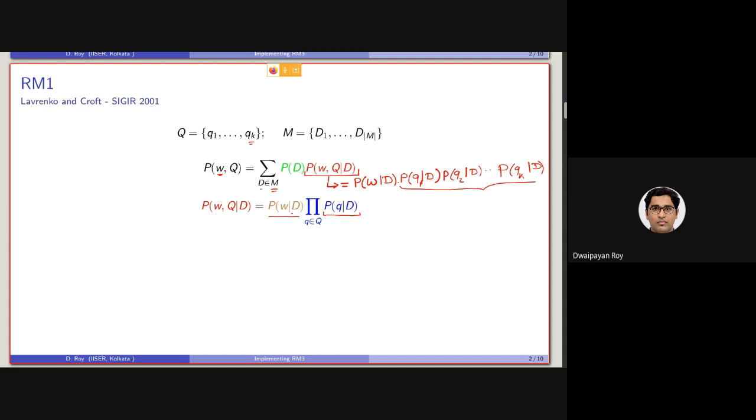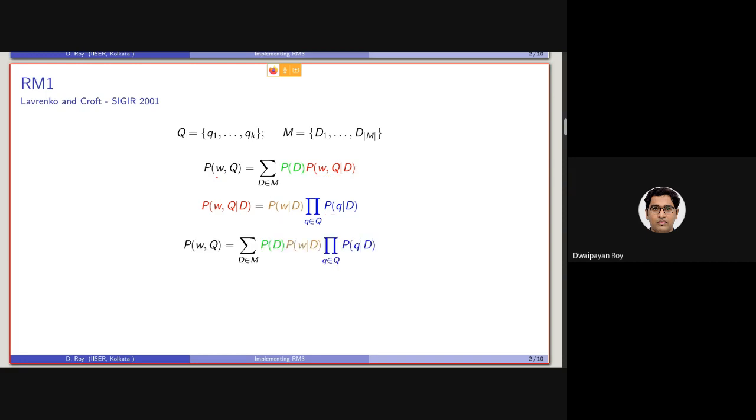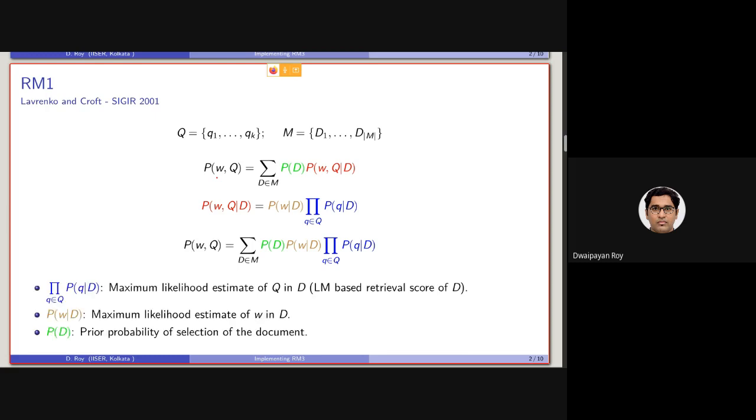If we replace this while computing the joint probability, we get a formula like this, which was basically the RM1 model.